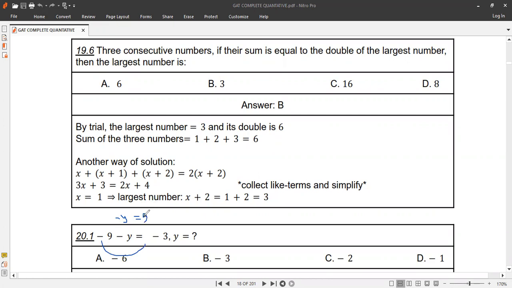It becomes 9 minus 3. So negative y equals 6. So y equals negative 6. If you change the sign in the first one, you change the sign in the second one. So the answer is A, negative 6.